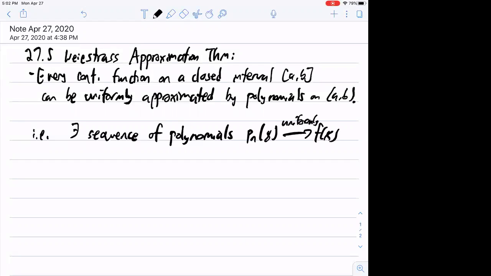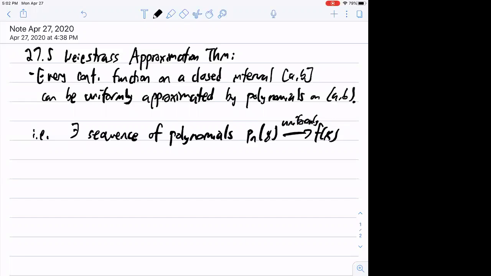Right, so this is pretty big, right? Note that the closed interval assumption is needed. I think part of the main fact is that special nice property that continuous functions on closed intervals are uniformly continuous, right?